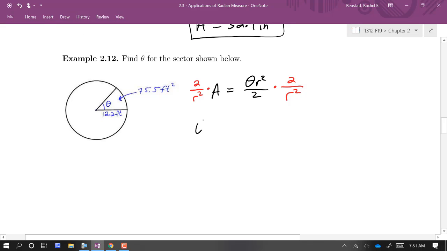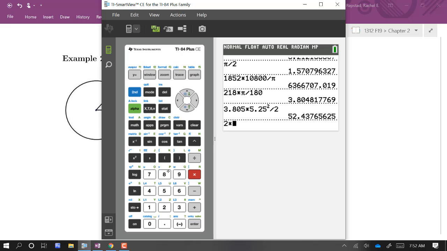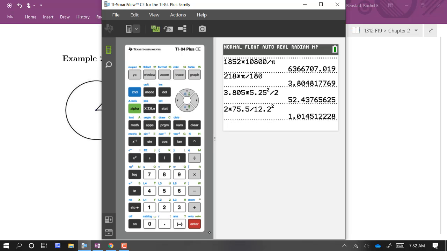And when we do that, we find that theta is equal to 2A divided by r squared. And we're ready to plug in our values. 2 times 75.5 divided by the square of 12.2, we get 1.01 radians.